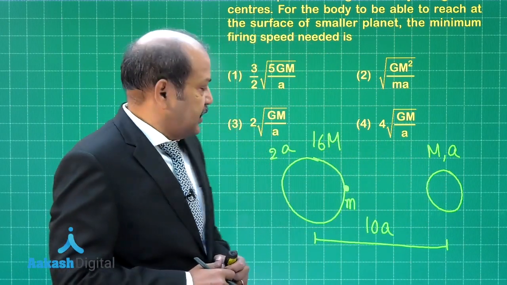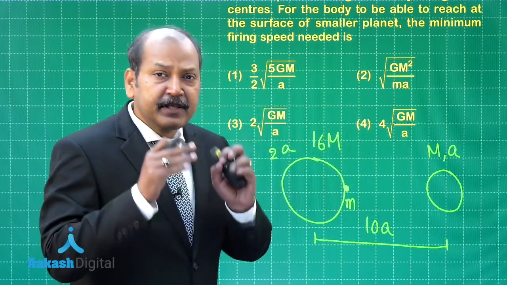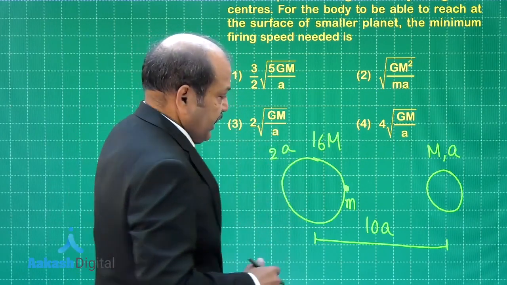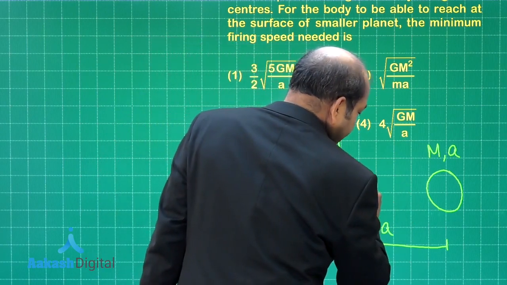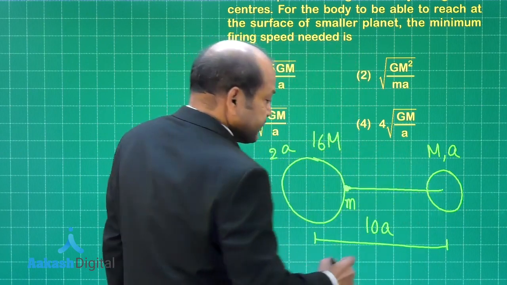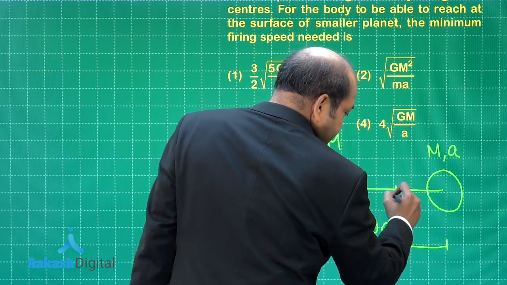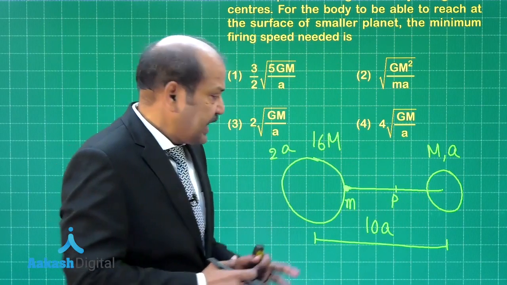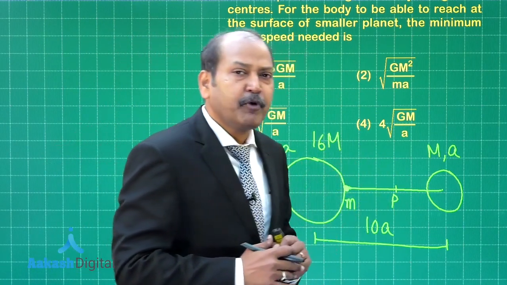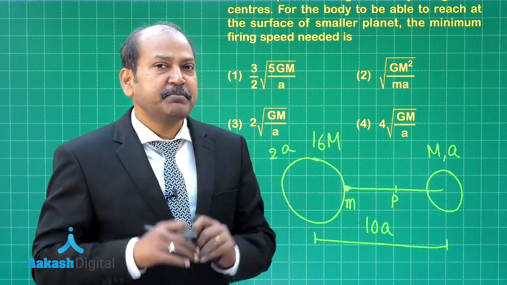Now, for it to be able to reach there with the minimum possible speed, the speed should be such that it is able to cross the point where the gravitational field is 0, a point on the line connecting the centers of the two spheres. Suppose that point is somewhere here. So, if that point is here, let us say at point P, and at point P the gravitational field becomes 0 and this particle is able to cross that point P, then it reaches the second planet with the least possible speed.